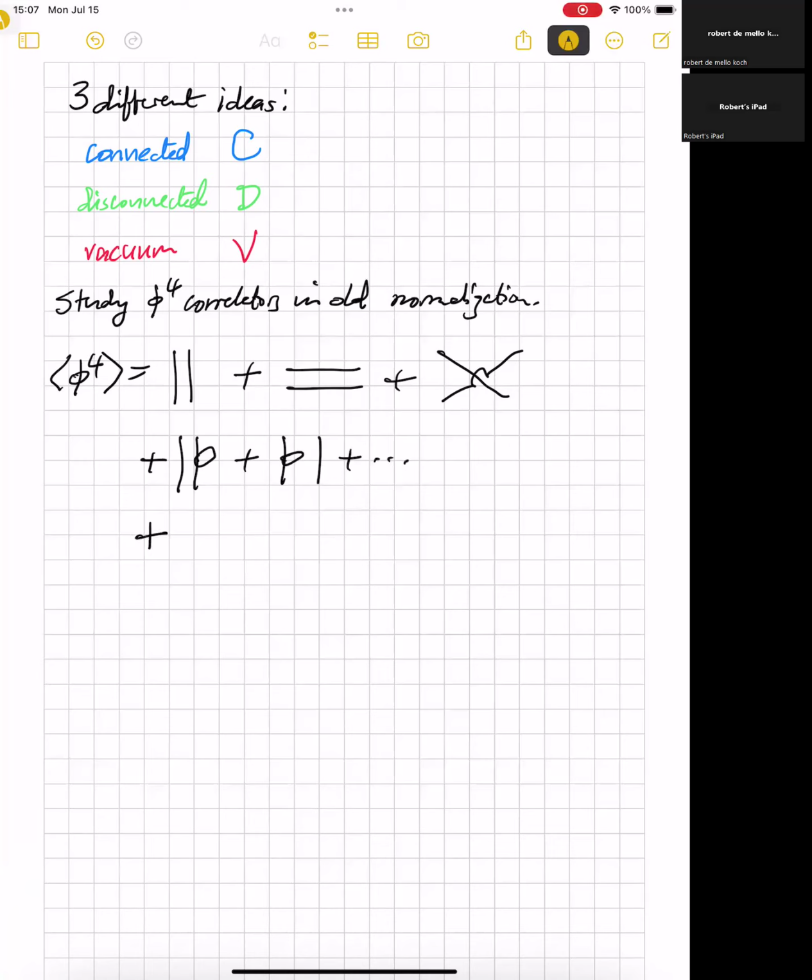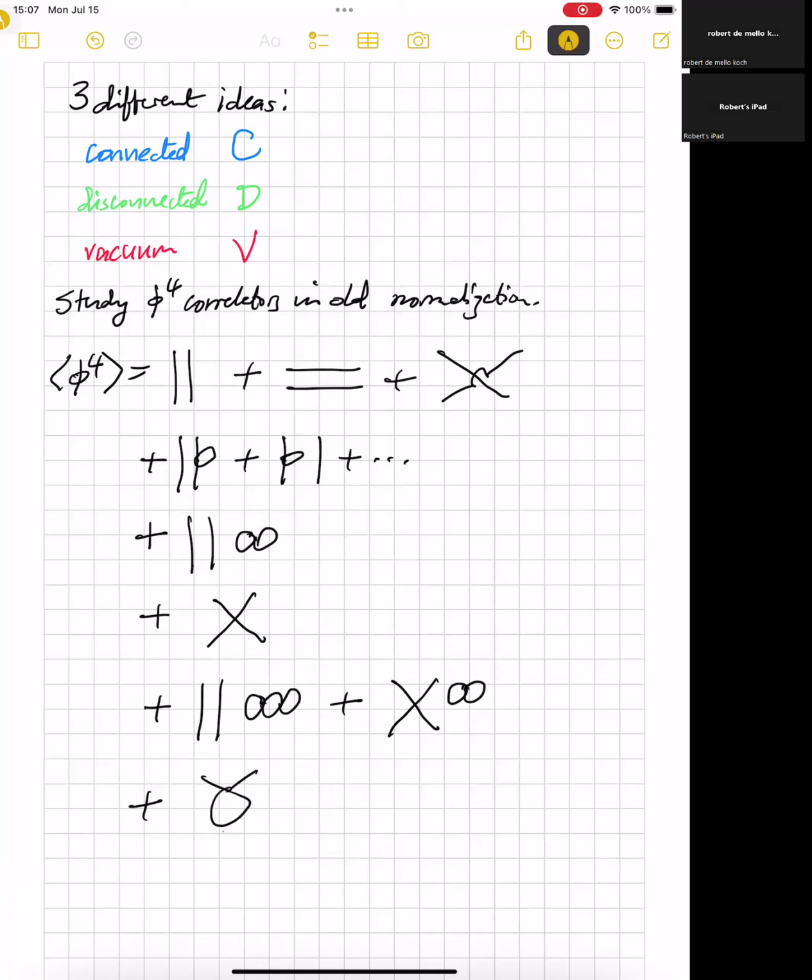We've got diagrams that look like this. And a diagram that looks like this. And then if we were going to second order, we could have stuff like that. We could have stuff like that. And we could have stuff like that.